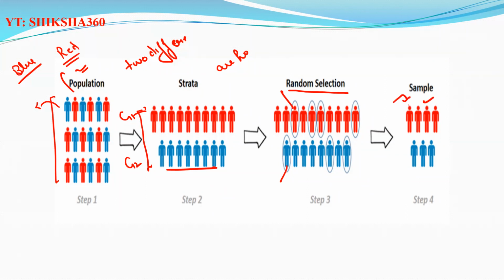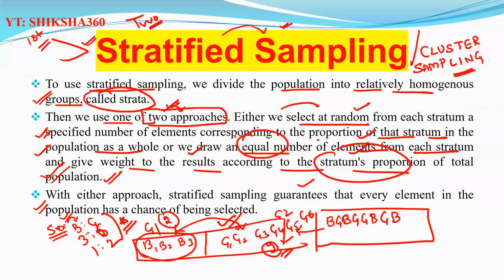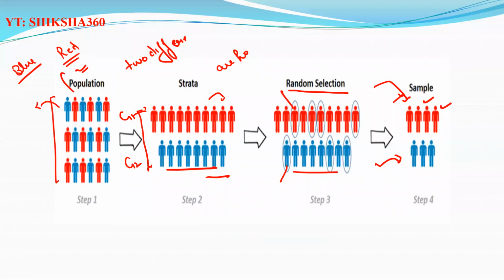Where there are more persons, we select a few more, and where there are fewer persons, we select fewer. So this is the process which is going to be done here. Hope it is clear to all of you regarding stratified sampling.